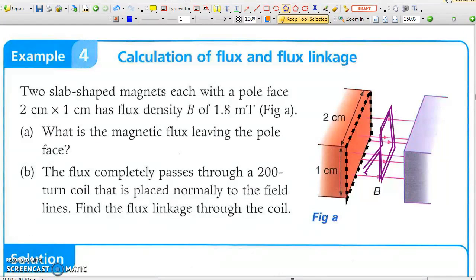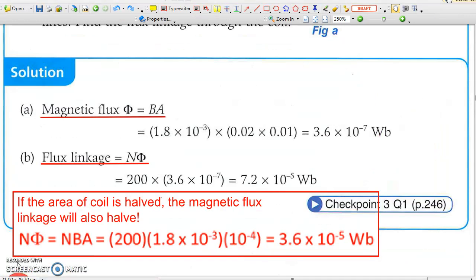Say it is a circular coil of area 1 cm square. Then the magnetic flux linkage will be N times B again, which is NBA, and that will give 3.6 times 10 to the power negative 5 Weber only.